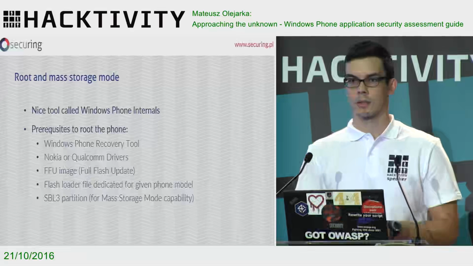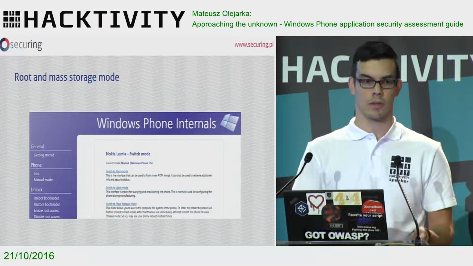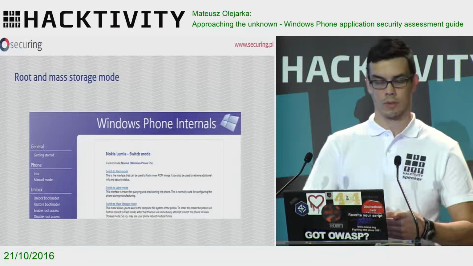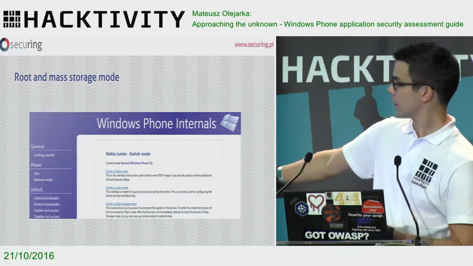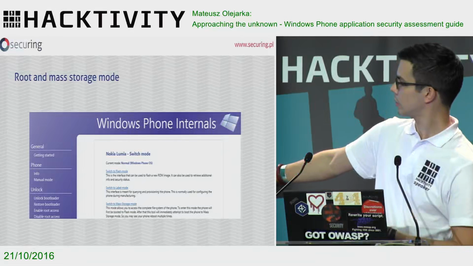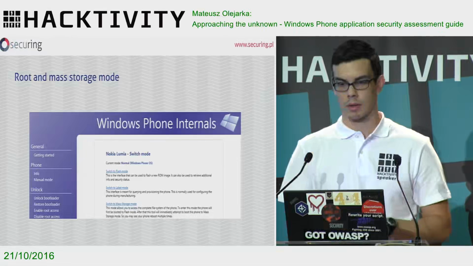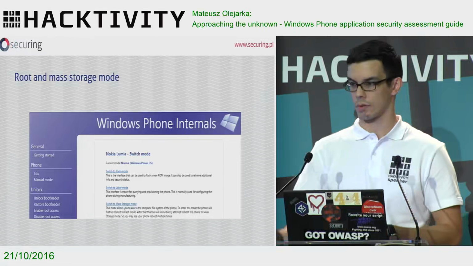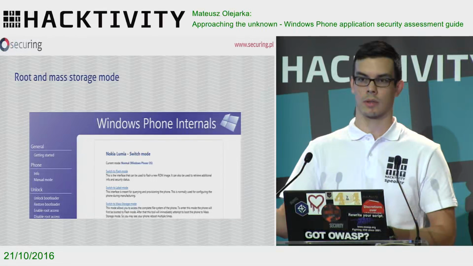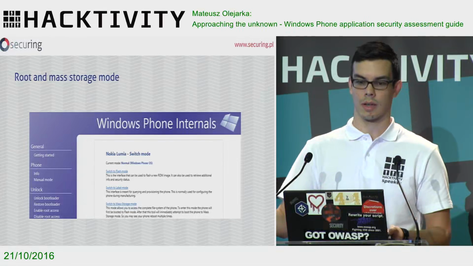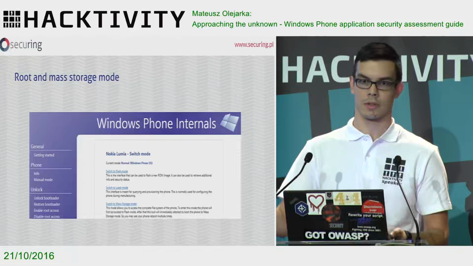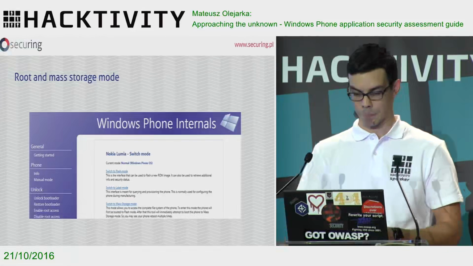The tool is quite nice because it helps you grab all those things, shows you how to search for them, and then you just click. I mainly use mass storage mode, which basically mounts your device like an external disk to Windows, so you can easily navigate. The same as Windows, you have an operating system, basically the idea is the same.